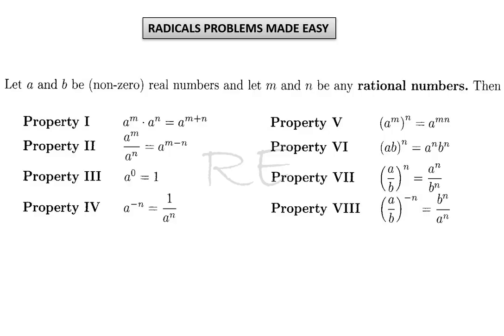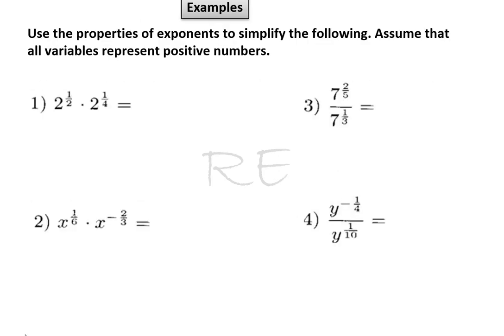This is the list of the 8 properties of exponents that we're going to use for the next set of problems. 2 to the 1/2 times 2 to the 1/4 will be equal to 2 to the 1/2 plus 1/4.